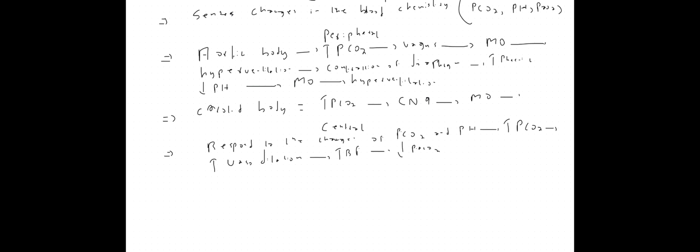Now, if your carbon dioxide level is chronically increased in the blood, it will lead to chronic stimulation of central chemoreceptors. So when you chronically stimulate the central chemoreceptors, what will be the outcome? They become less responsive to increases in carbon dioxide.